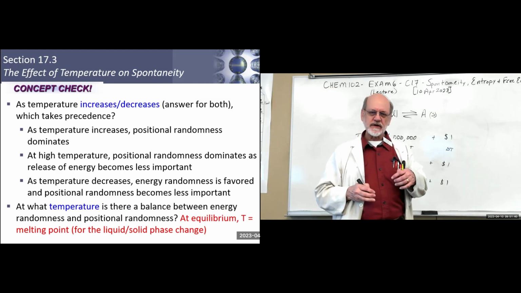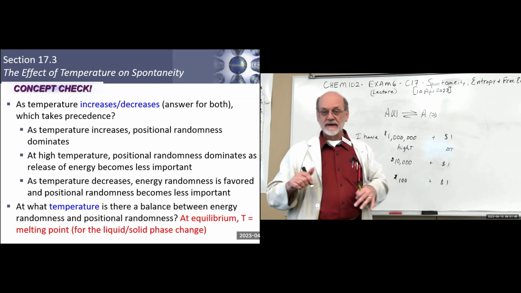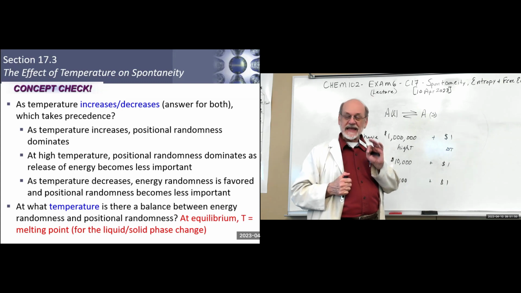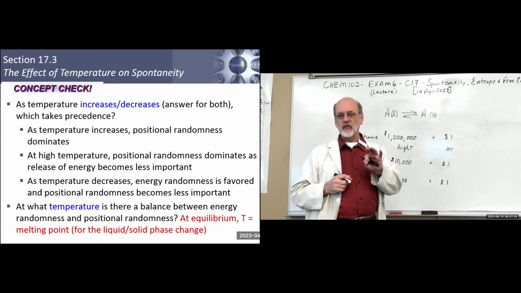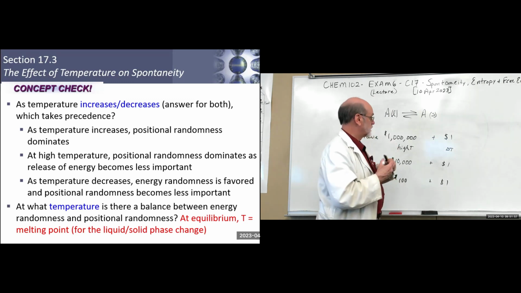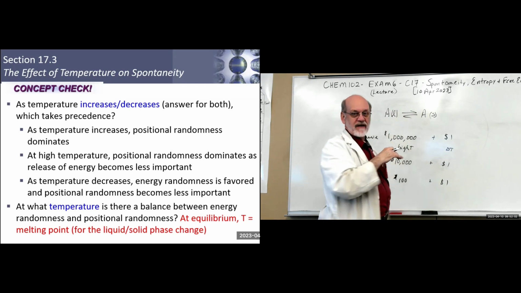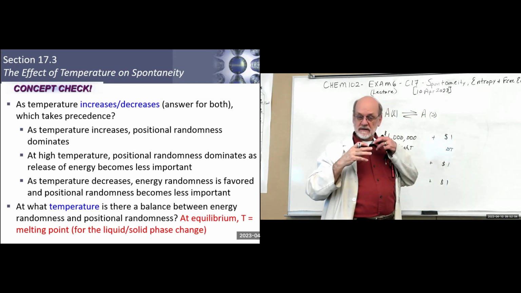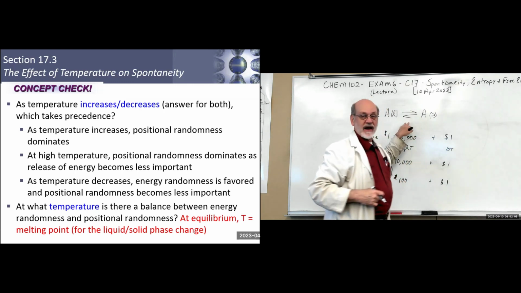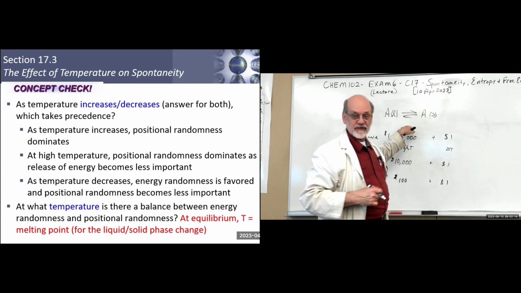So at what temperature is there a balance between energy and positional randomness? Well, what we observe is that at an equilibrium point, so where do we have equilibrium points when we're talking about phase changes in particular? So we have a phase change in this situation. Where do we have a balance between solid and liquid? The balance is when they're both present at the same time at the melting point.